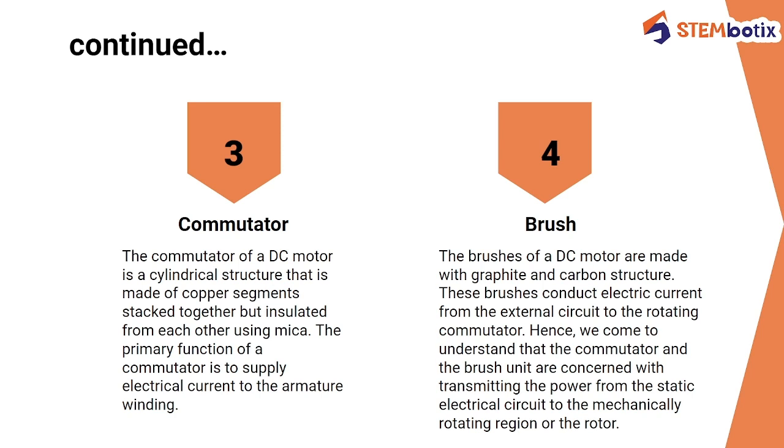Hence, the commutator and the brush unit are concerned with transmitting the power from the static electrical circuit to the mechanically rotating region or the rotor. Meaning this combined unit of commutator and brush is responsible for transmitting electric current from the stationary part to the rotating part.